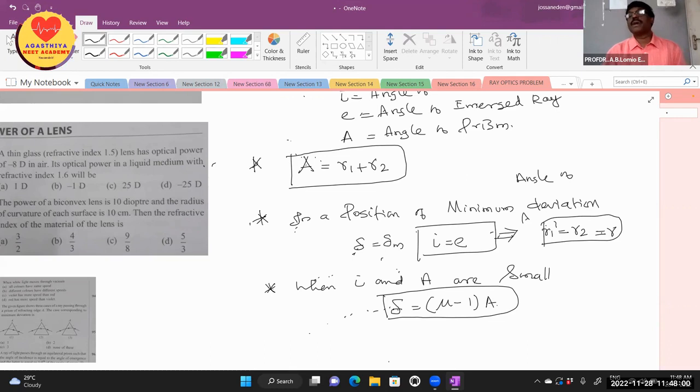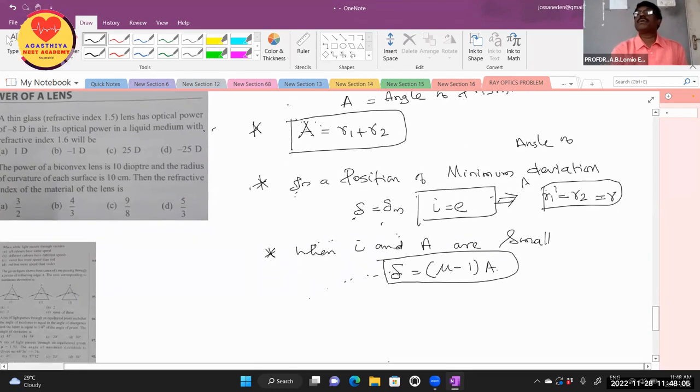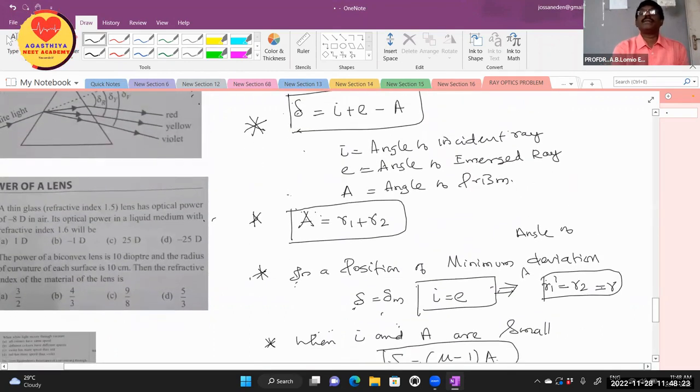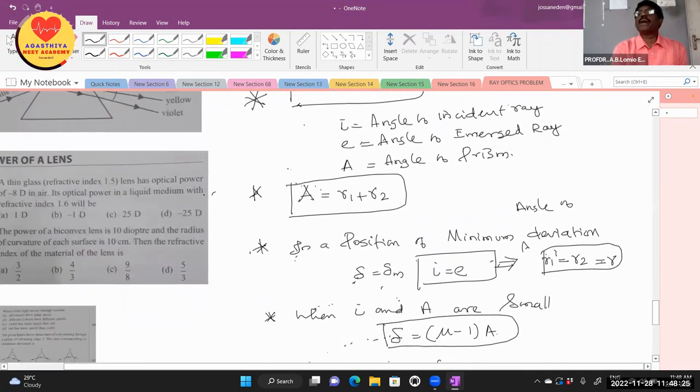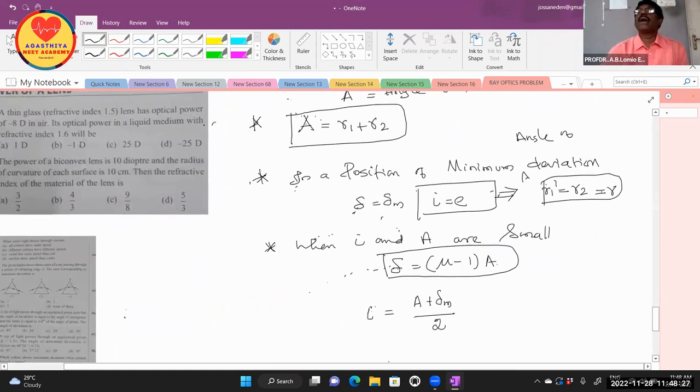When you substitute I is equal to E and R1 is equal to R2, I can be written as A plus delta m divided by 2. It is obtained from this formula.